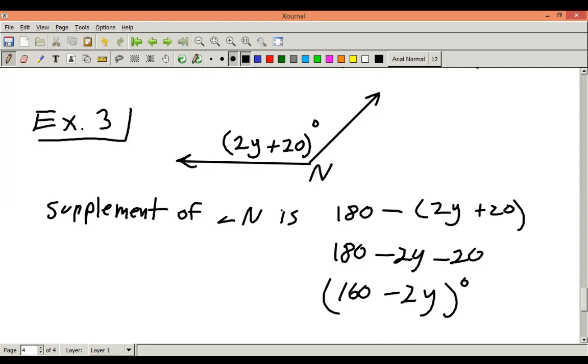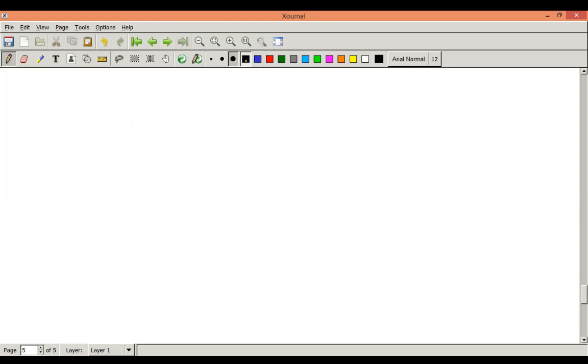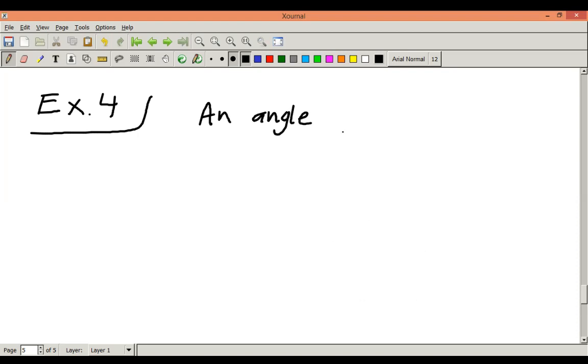Okay, let's do another example, and then we'll talk about another definition. So example, whatever we're on, 4, I think. This one's a word problem, really. An angle measures, this will remind you of algebra.